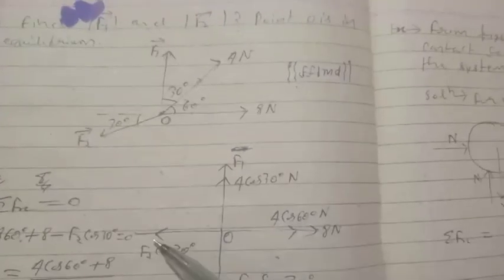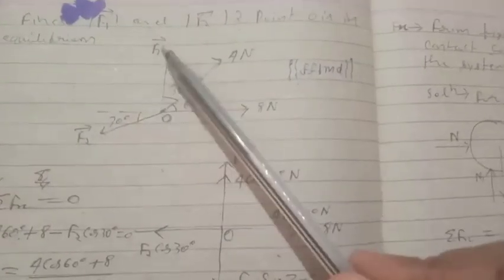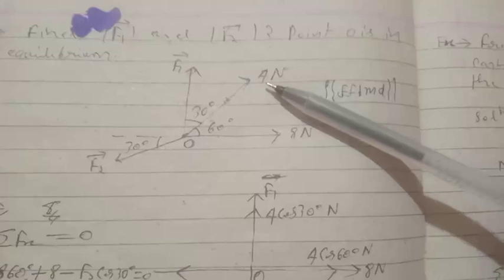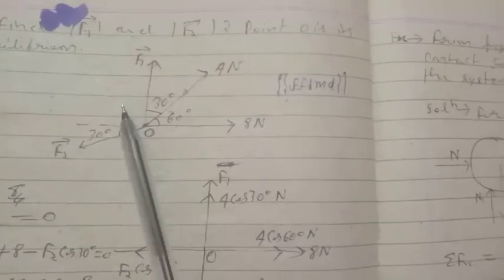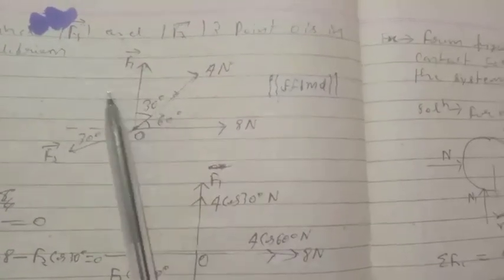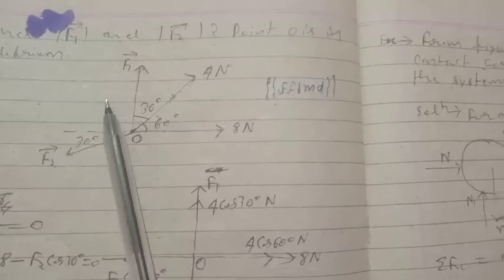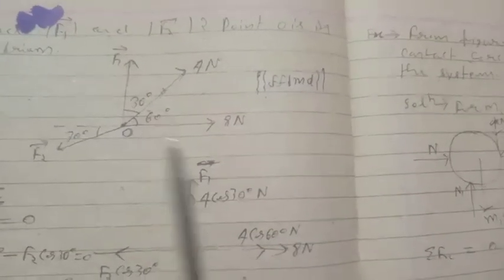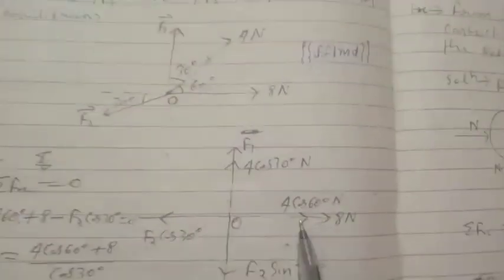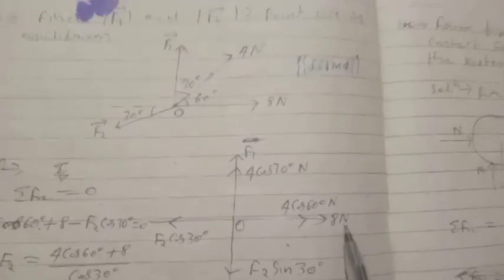Here it is shown, when we take the components, here is F1 and this is 4 Newton, so 4 Newton cos 30 will be in this direction and 4 Newton sin 30, or cos 60, will be in this direction.